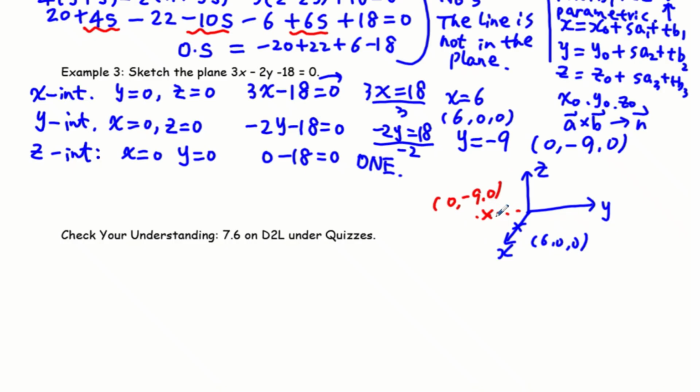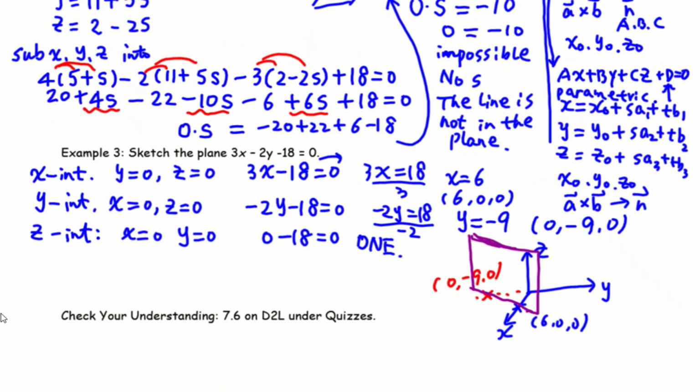So the plane passes through these two, then we are going to graph it. It will be parallel with the z direction. So this is the plane. It keeps going, okay? So this is the plane, then it's done. No z-intercept means it's parallel with the z direction, okay? It's vertical.